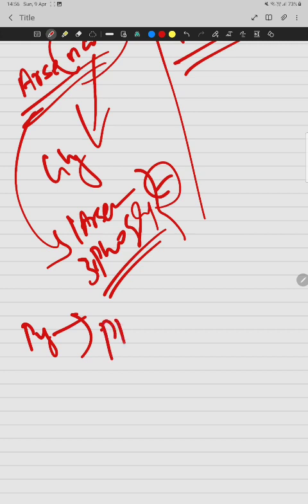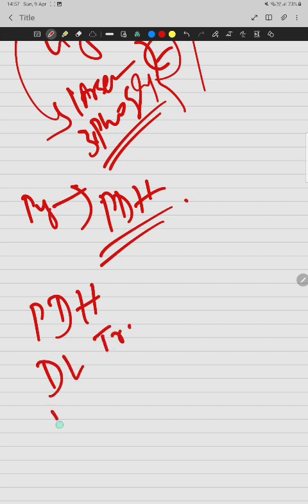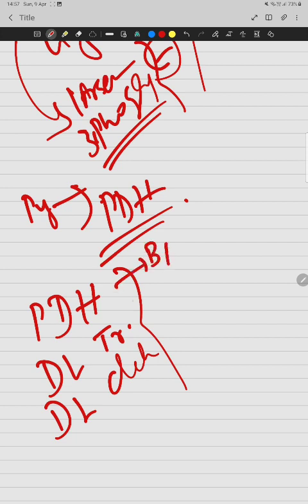So next, ultimately the end product of your glycolysis is what? Pyruvate. So next it is going to the pyruvate dehydrogenase complex. In the pyruvate dehydrogenase complex, only the coenzymes are important. In the PDH complex, there is pyruvate dehydrogenase, dihydrolipoyl transacetylase, and dihydrolipoyl dehydrogenase. So these are the enzymes that are present. The coenzymes needed are thiamine pyrophosphate, that is your B1.